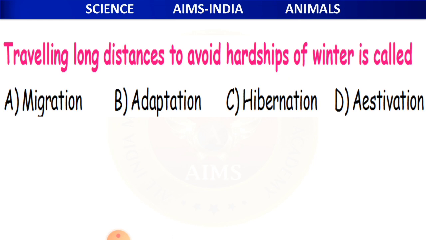Traveling long distances to avoid hardships of winter. So when winter comes, there is so much cold and snow. So to avoid that hard climate, animals travel from one place to another place. So what is traveling long distance called?